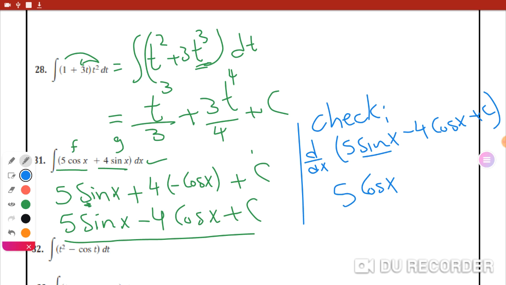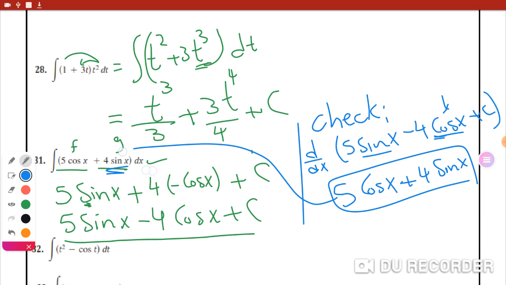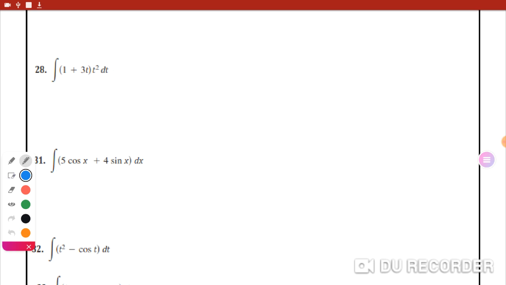In integration, as I showed you, if the antiderivative result has co, the result has negative. Here the derivative of cosine is negative sine, plus 4 sine x. The derivative of the constant is 0. It looks like the integrand function. That is for you to make sure, when you solve any problem, whether it is right or wrong.